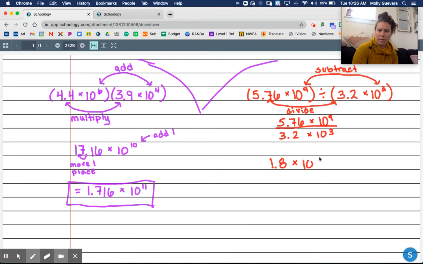That gets me times 10 to the 9 minus 3, which is 6. Step 3 says to put it together into scientific notation, which I just did. And 1.8 is greater than or equal to 1 and less than 10, so I actually don't have to move my decimal place here, which is awesome. Okay.